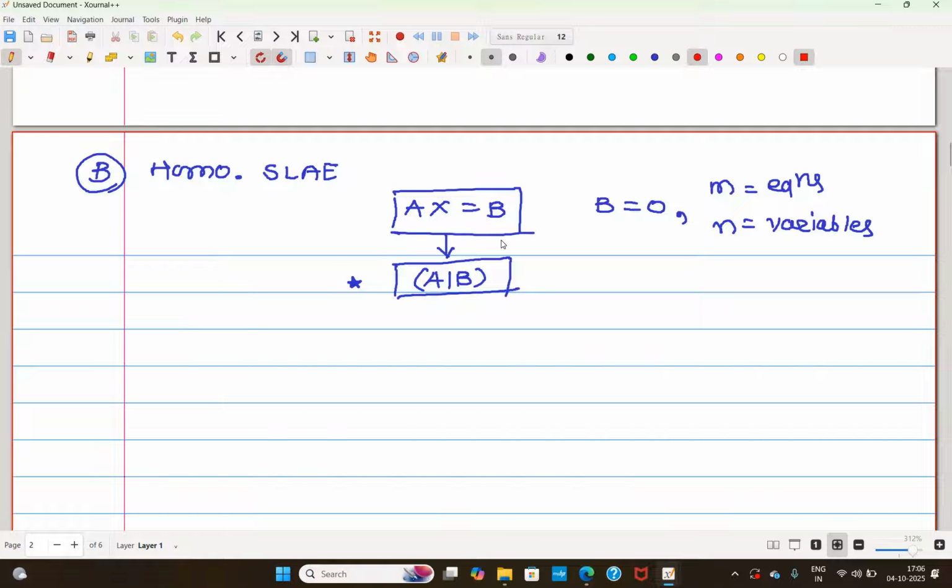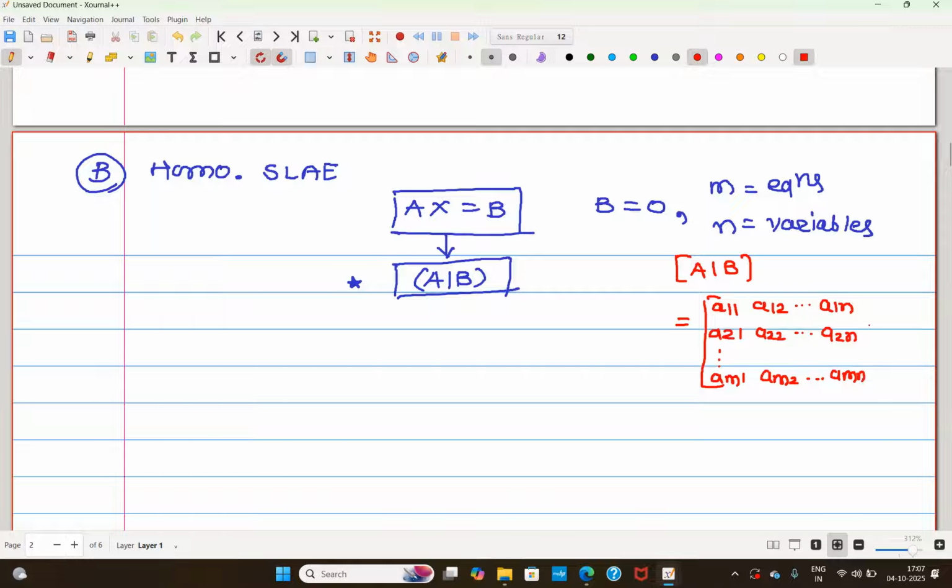Suppose you are having this Ax = B as the system and I'm checking my augmented matrix. The coefficient matrix can be in this way: a11, a12, and so on, a1n, then a21, a22, and so on, a2n, and so on, am1, am2, and so on, amn.